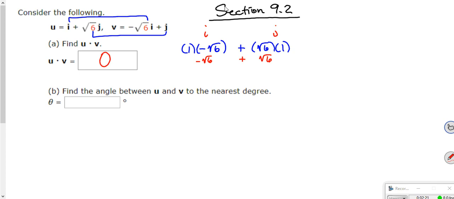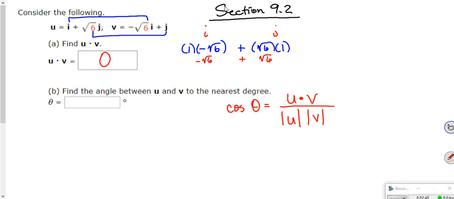And the angle between them, we have a formula that says cosine theta equals u dot v over, if you remember from the last section, the magnitude of u times the magnitude of v.